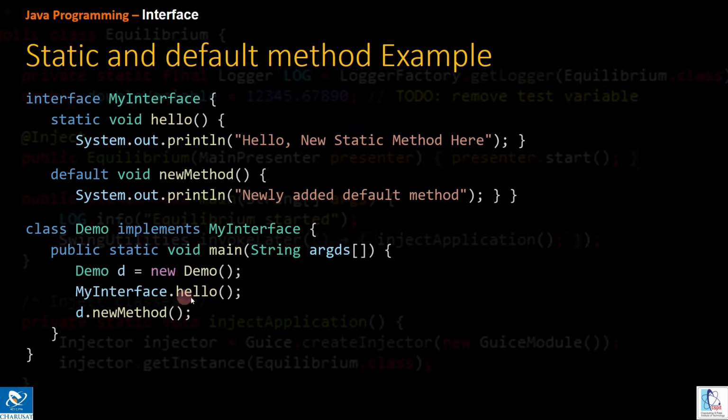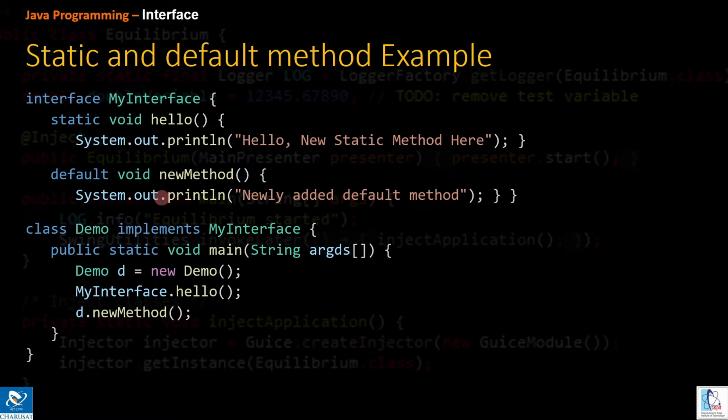So here I'm calling that static method with my interface dot hello, and the default method could be called with the help of the reference of the object of the implementing class.